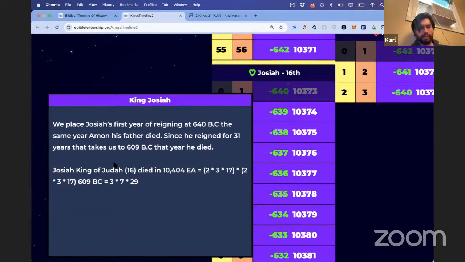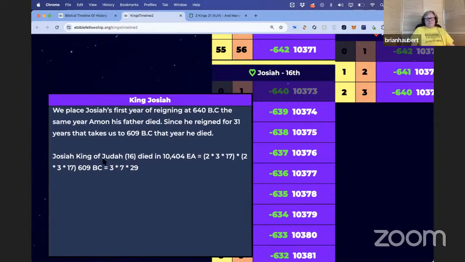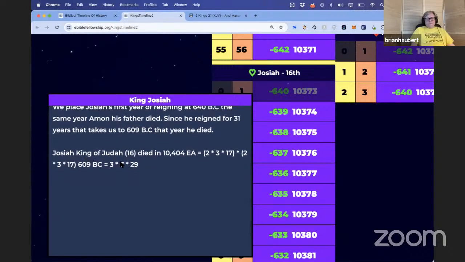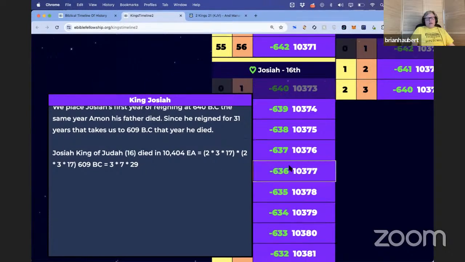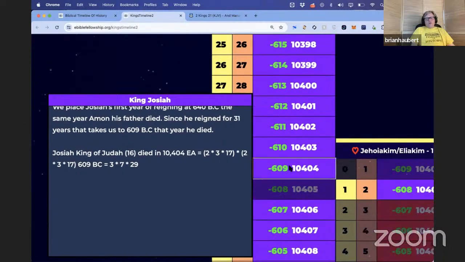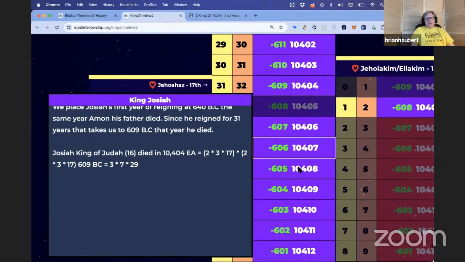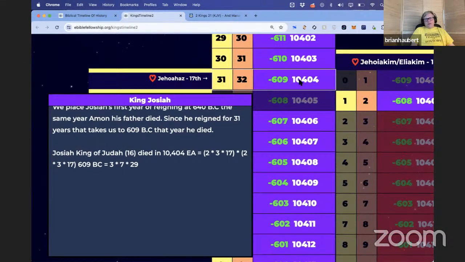And then I think Brian did this breakdown. I'm not sure if it's from Mr. Camping's book. No, it's not. So I don't know if you want to just read that last part there. Well, it just breaks down to significant digits. So Josiah died in the year 10,404 EA, which is 2 times 3 times 17 times 2 times 3 times 17.